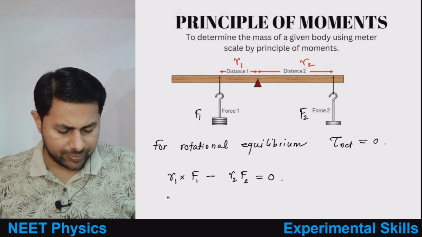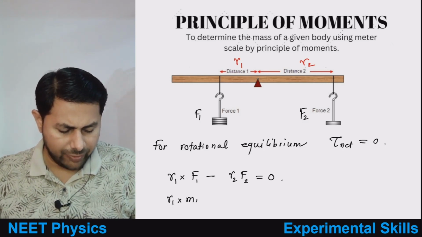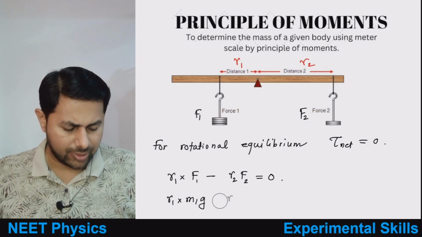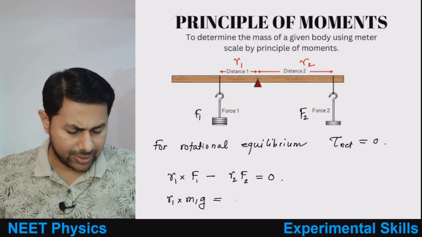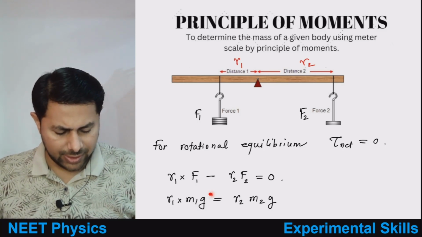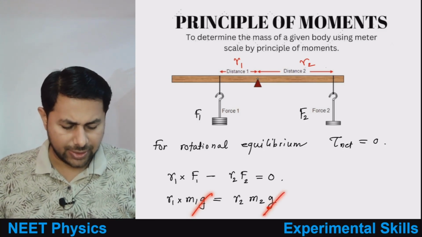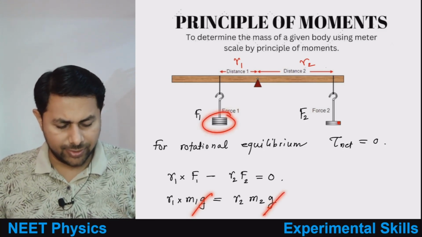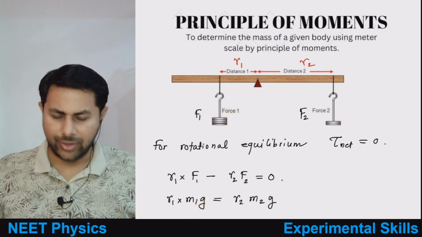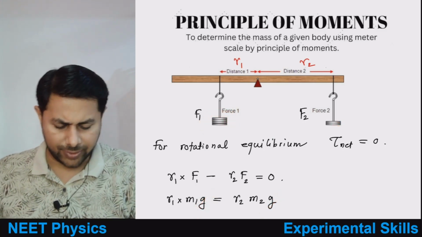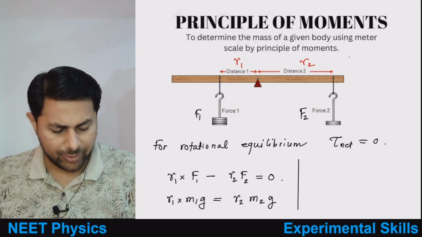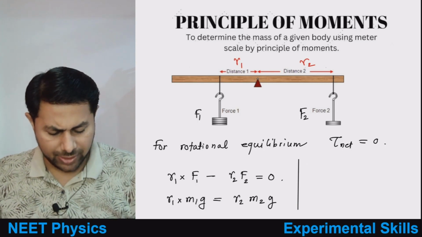That is, r1 times m1g, that is the force, equals r2 times F2 on the other side, which is r2 times m2g, and g gets cancelled. Suppose m1 is known and m2 is unknown.